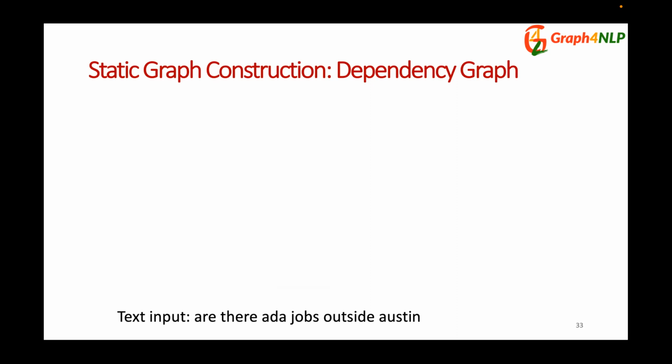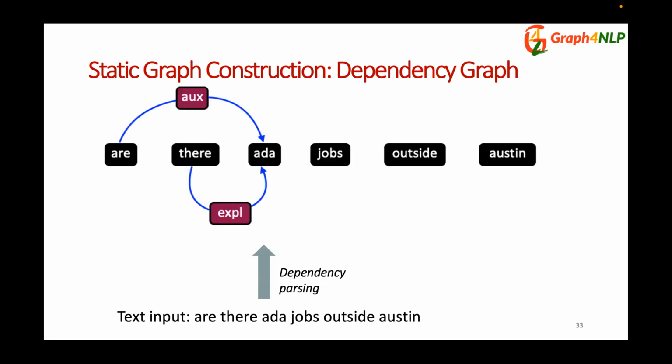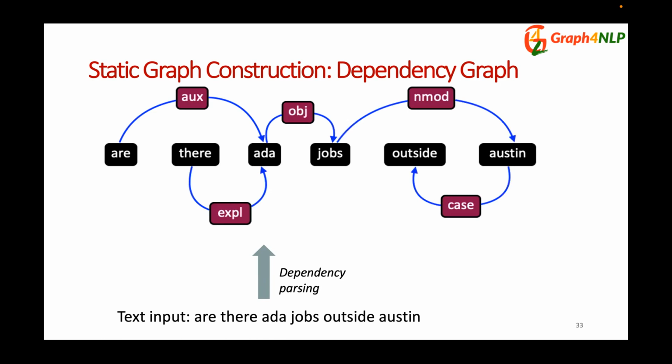For the dependency graph construction approach, specifically, given a sentence, "are there other jobs outside Austin?", we can apply dependency parsing tools to convert it to a graph. But what if we have multiple sentences in the text?